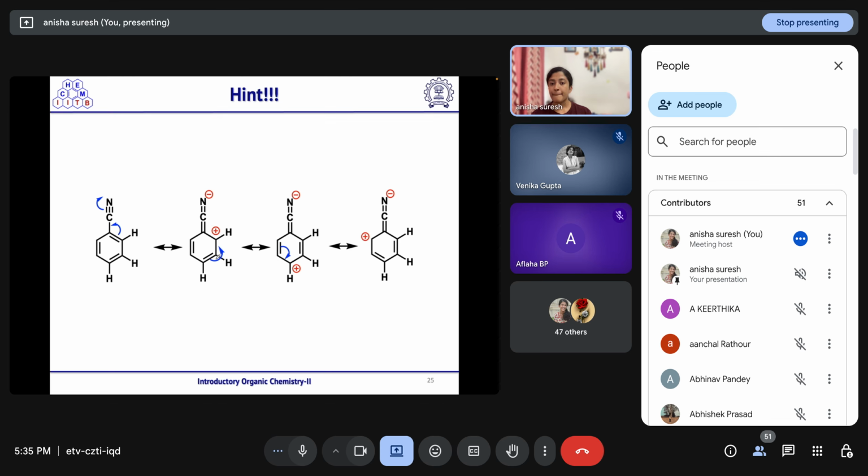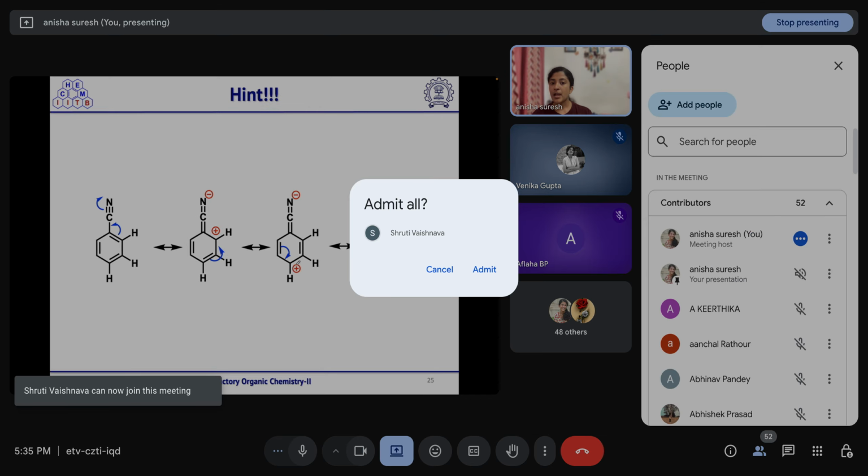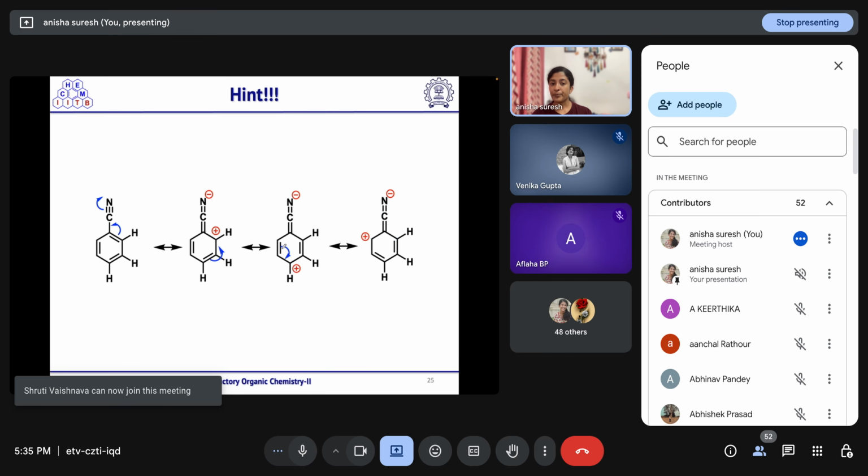So a positive charge will be present at the ortho position, and if this again undergoes resonance, this double bond will shift here and a positive charge will be present on the para position. And if this double bond is moving here, then a positive charge will be present on the ortho position. So at ortho position and para position, positive charge is present.